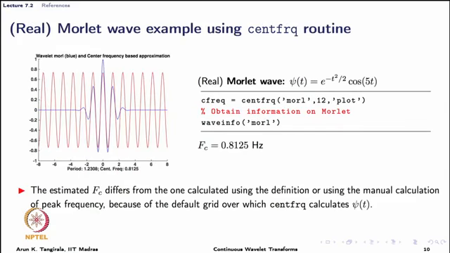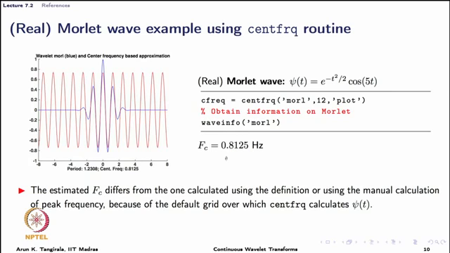And when it comes to the real Morlet wave, again the story is the same. You specify the string MORL to refer to the real Morlet wave. The 12 here as a second argument is asking this routine to compute the Morlet wave over 2 power 12 points on an interval -8 to 8. And you can of course obtain, whether it is CMOR, WAVEF or MORL, more information on these waves by typing in waveinfo, but we will not talk about it right now.